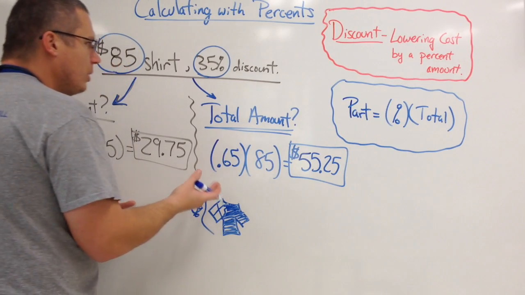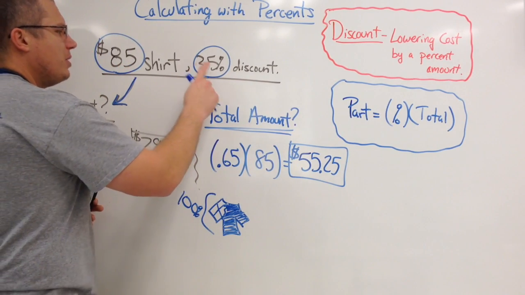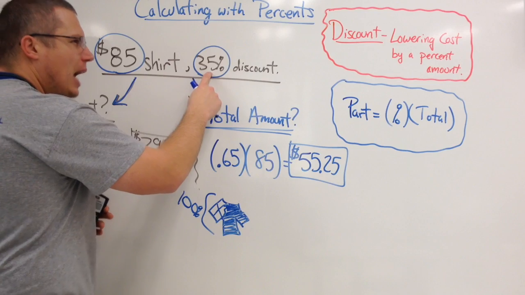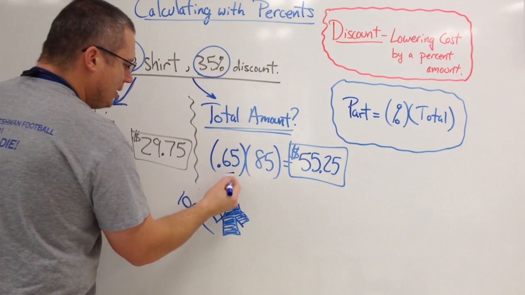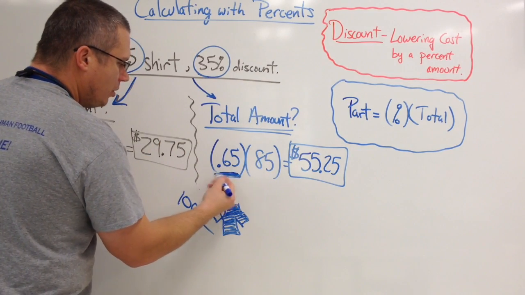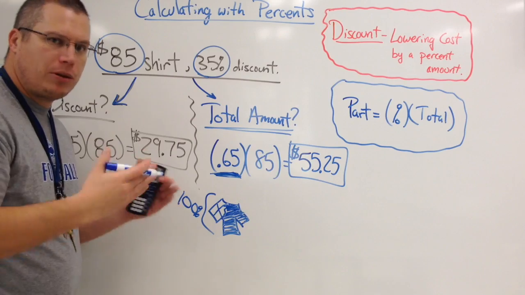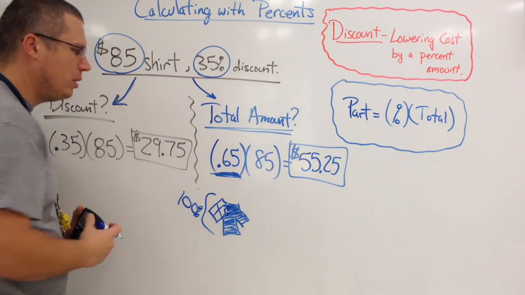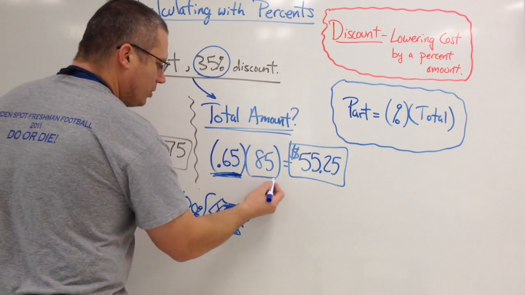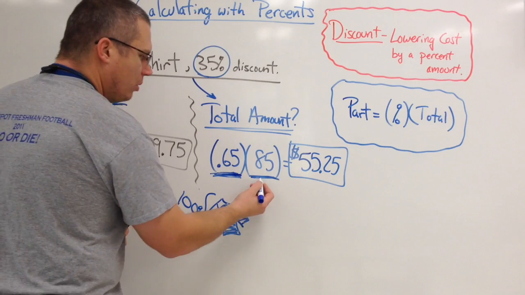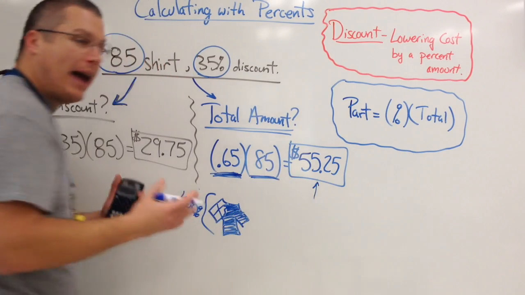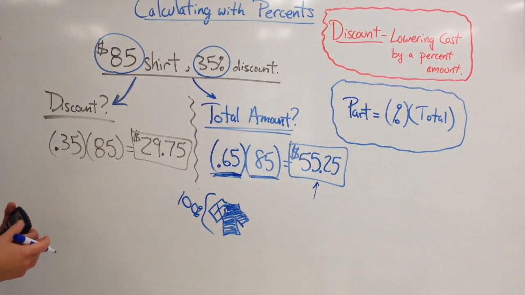What you can do is think, if I'm saving 35 out of 100, that means I'm paying 65%. So go ahead and just calculate what percent of the shirt you owe. Take that times your original total, and you'll get how much you now have to pay. So this is discount.